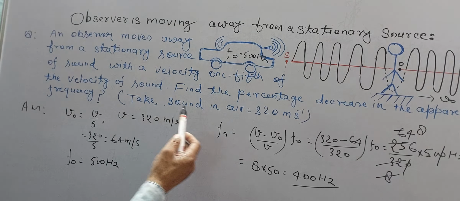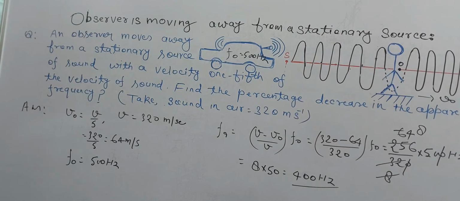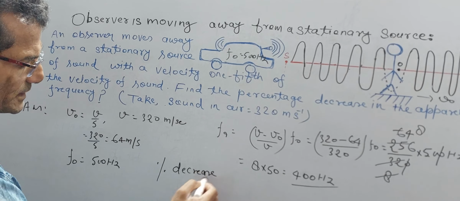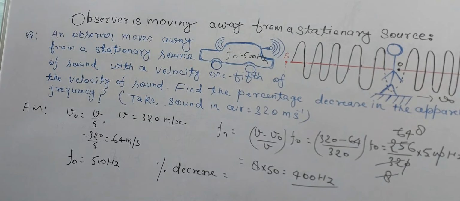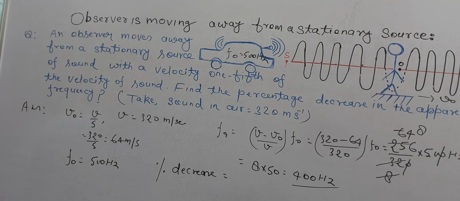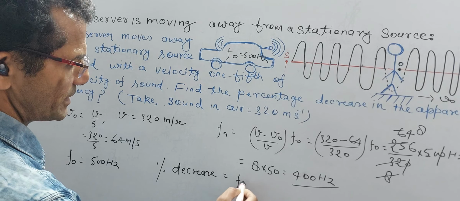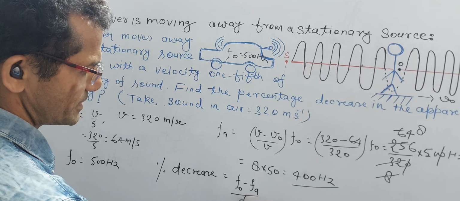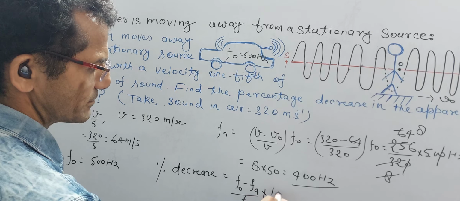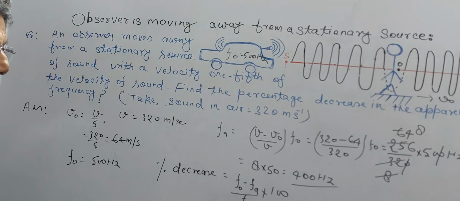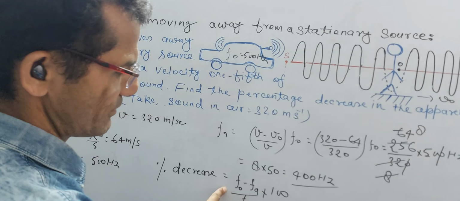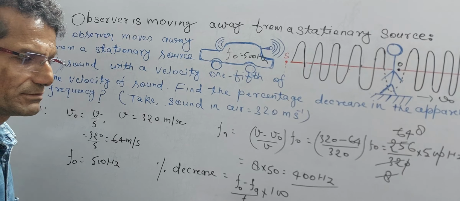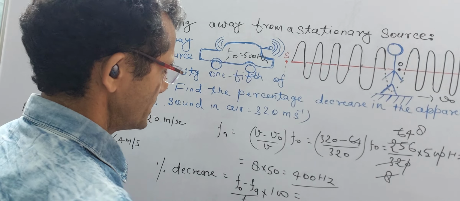Now the second part: find the percentage decrease in the apparent frequency. We have the formula: percentage decrease is original frequency minus apparent frequency divided by the original frequency multiplied by 100, because our apparent frequency decreased from the original one. This is f naught minus f.